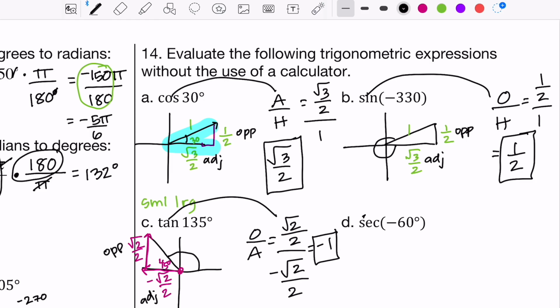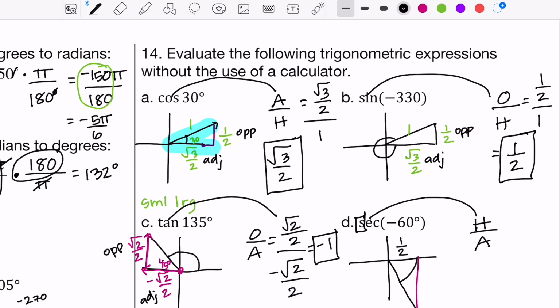Secant starts with an S, so its buddy is cosine, S and C, and cosine is A over H, so this is H over A. So then I go to -60 degrees, but always keep in mind it gets connected to the x-axis. That's a small large. 1/2, negative root 3 over 2, and 1.